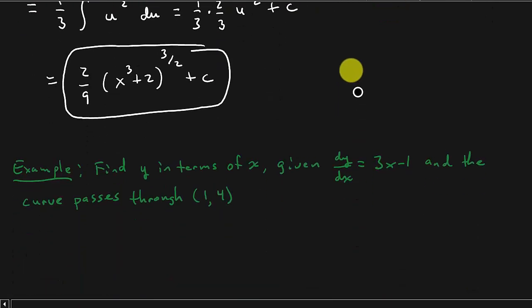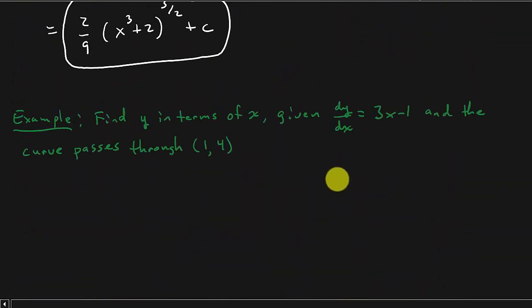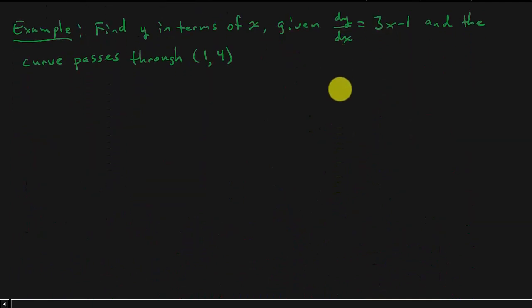All right, so let's look at this problem. So we've got 2 more plus the 1 I want to add. All right, so this example says find y in terms of x, given dy/dx is equal to 3x minus 1, and the curve passes through (1, 4).